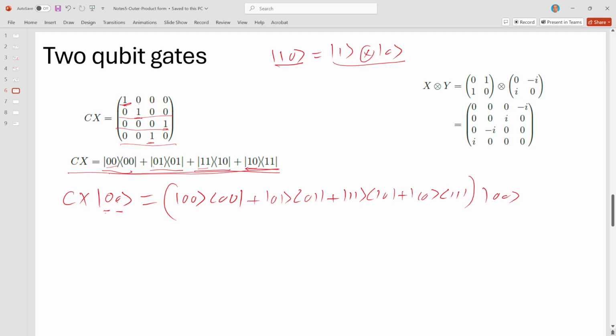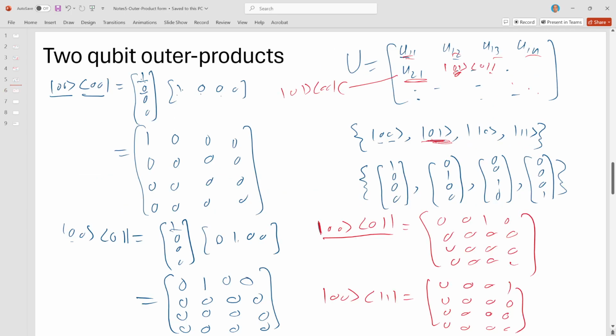We know that this inner product is 1, and these other inner products are 0, because all of these four states are orthogonal to each other.